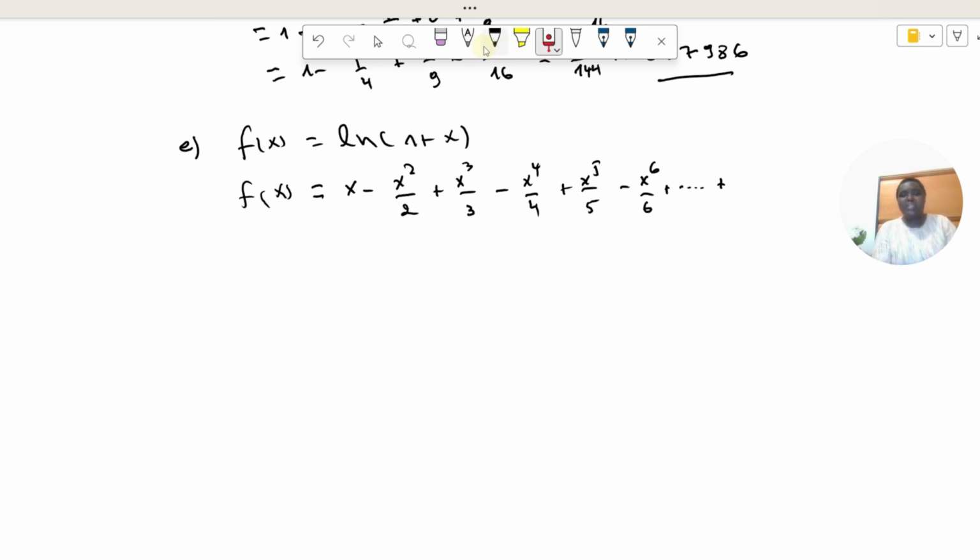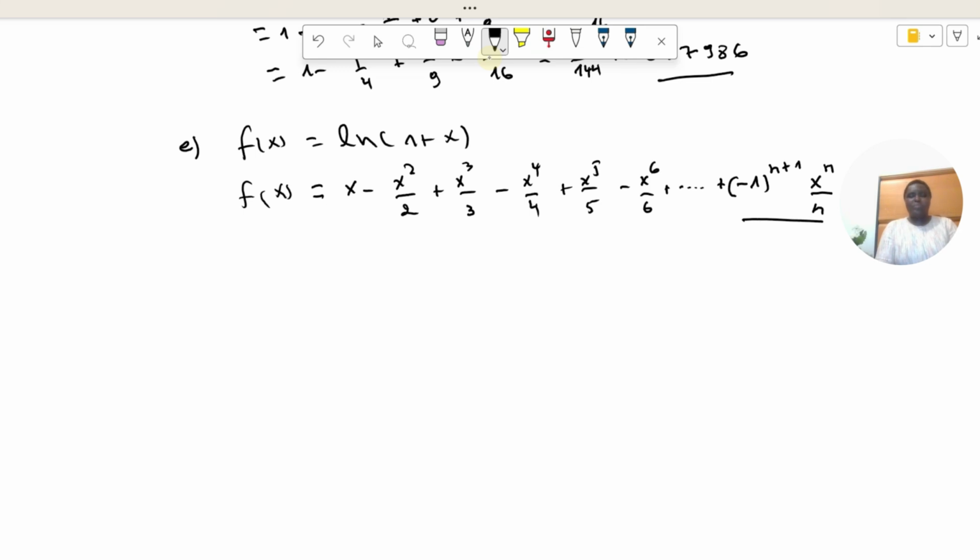So this will be minus 1 power n plus 1 and x power n over n. When we have x power 2, we have over 2, x power 3 over 3, x power 4 over 4, x power 5 over 5, x power 6 over 6, then over n. The minus 1 alternates plus and minus. So the general term is this one.